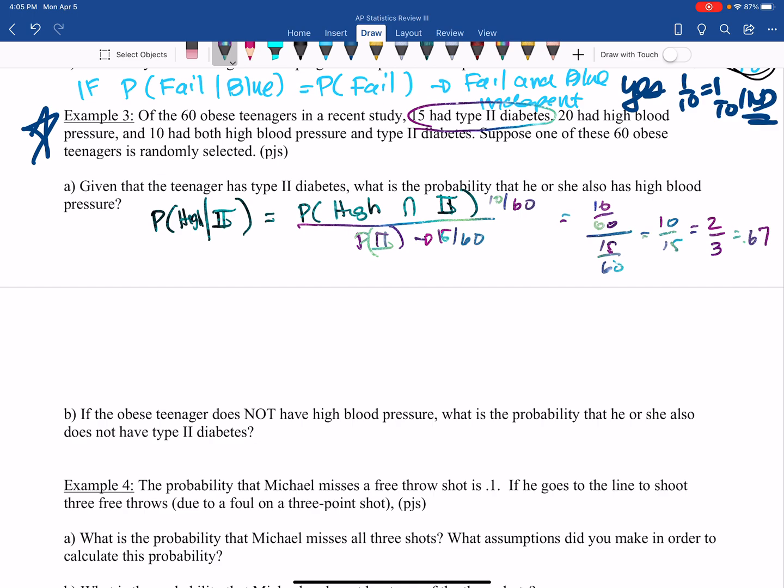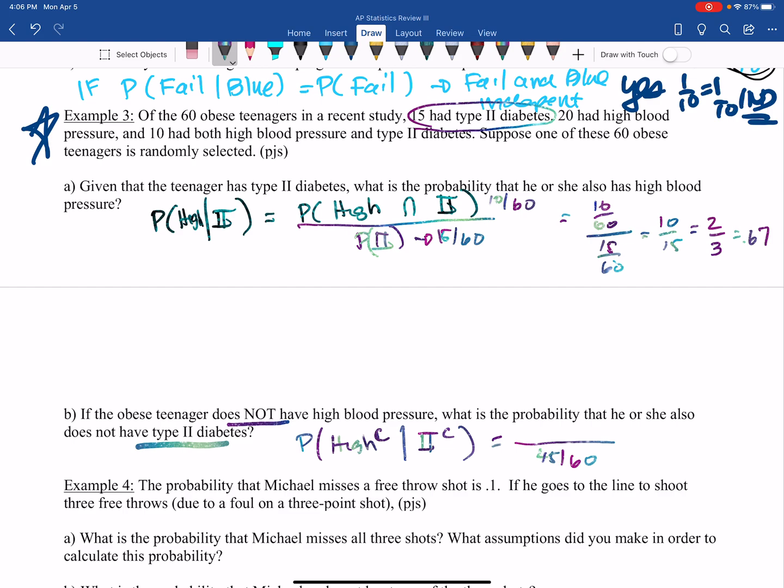If the obese teenager does not have high blood pressure, what is the probability that he also does not have type 2 diabetes? So the probability of not high blood pressure, the complement of that, given they do not have type 2. So that's just going to be the opposite. I know that 45 out of 60 do not have type 2 diabetes. Oh, no, did we get that right?